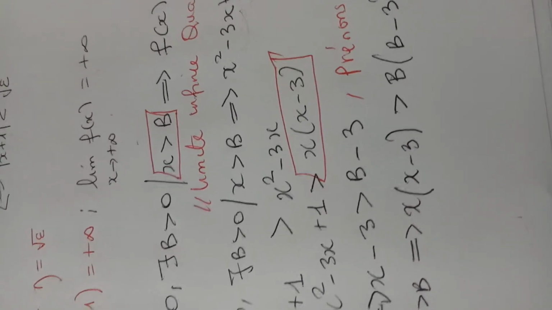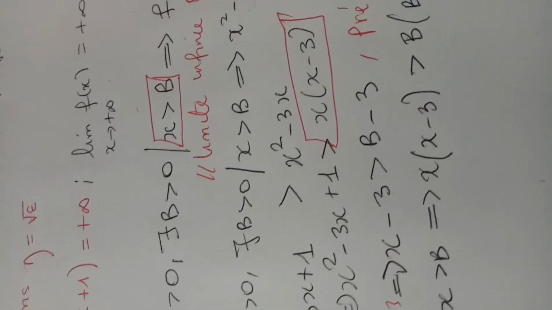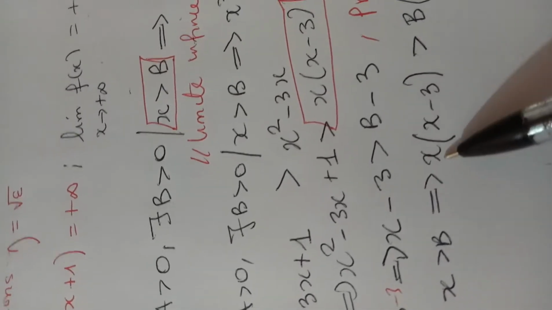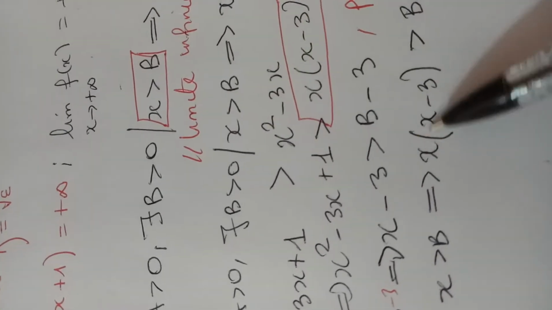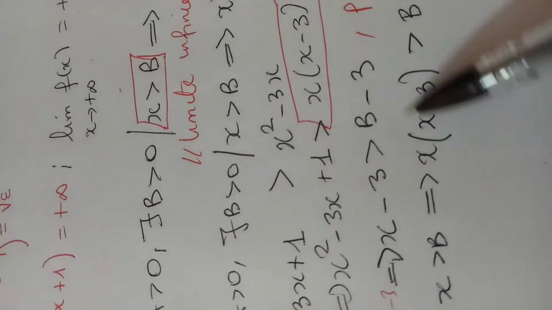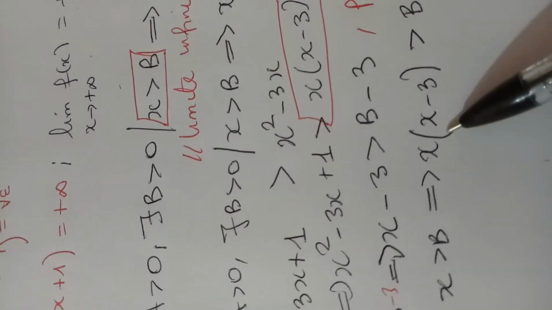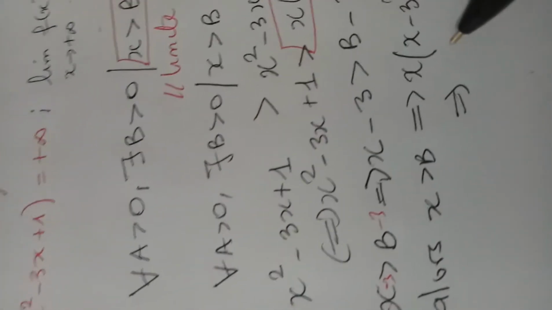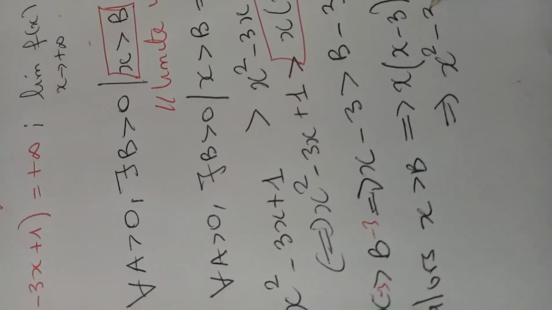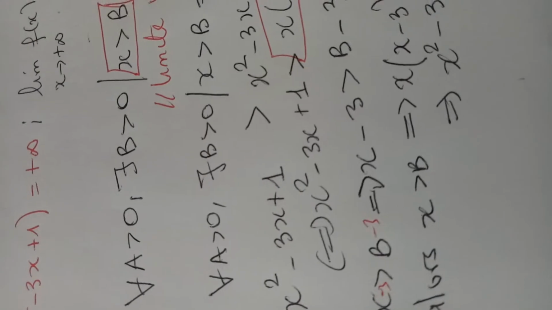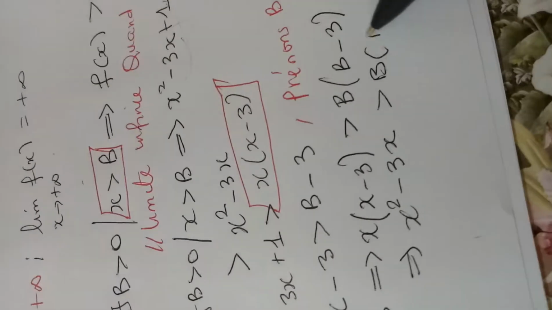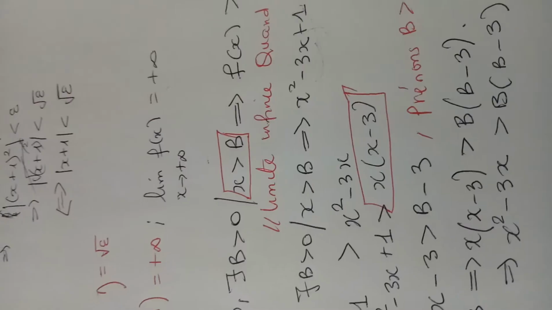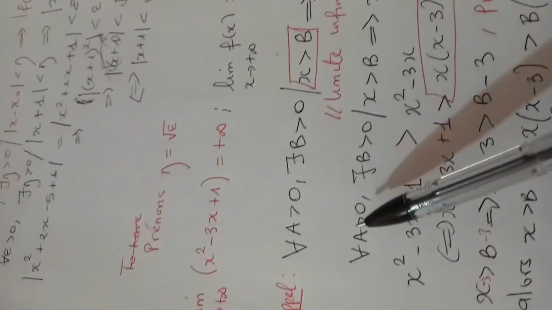So we go on. So remember what we said, this is because we have x raised to the power of 2 minus 3x. So I just go ahead doing the same thing. Okay, so I'll have x squared minus 3x greater than b bracket b minus 3. And remember what we did at the beginning.